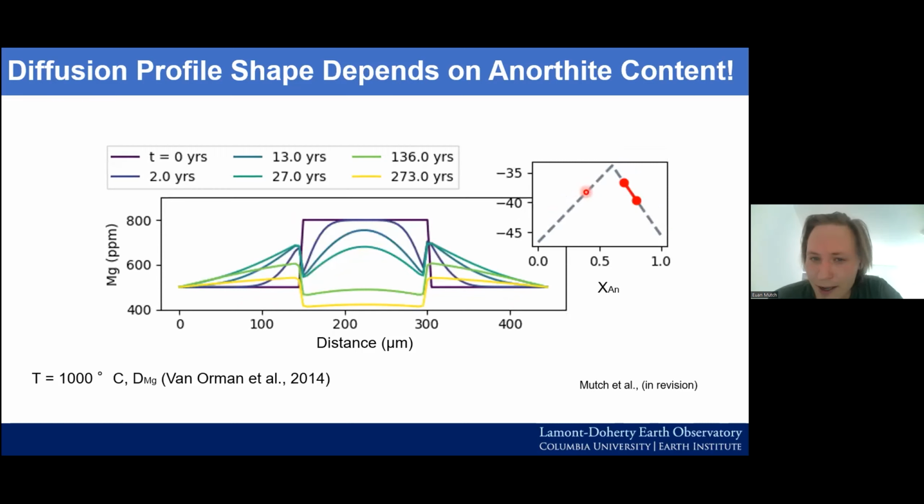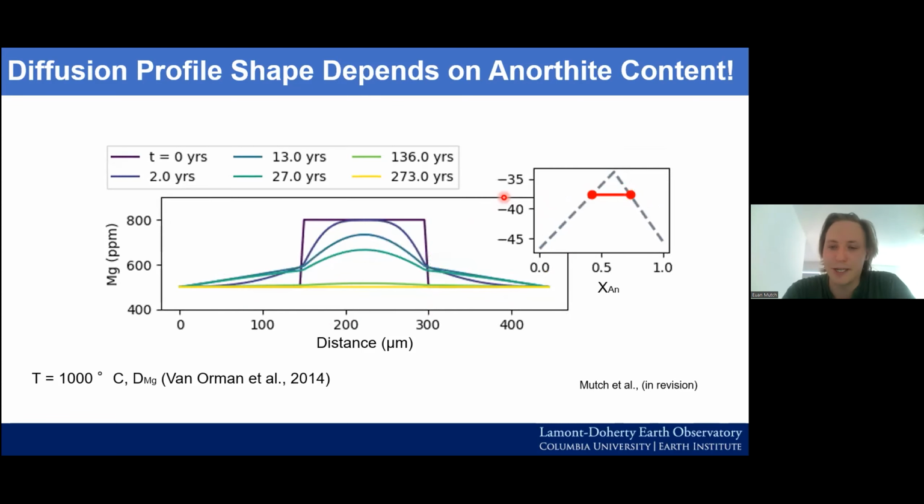Then if we look at, say, a basaltic plagioclase, which is sitting on the other side in the I1 bar domain, we start off from the same initial conditions. We end up with an equilibrium profile where there's an anti-correlation between the anorthite content and the magnesium content. Whereas one really interesting thing potentially would be if we had a situation where the anorthite zones were exactly on either side of this transition, then we could actually end up with a flat equilibrium profile.